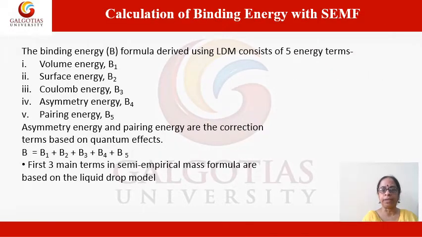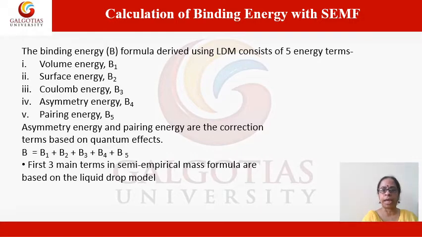Now we will see how we can calculate binding energy with semi-empirical mass formula. There are 5 energy terms. First one, volume energy term denoted by B1, surface energy term B2, Coulomb energy term B3, asymmetry energy term B4, pairing energy term B5.